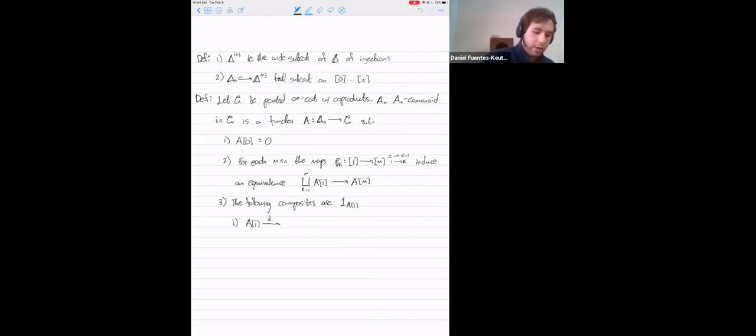I can use the simplicial map d1 to get to A of 2. My co-Segal identities tell me that this is A of 1 coproduct A of 1. And so I can send one copy of this to 0. And I'm left with A1. And so I require that this is the identity. And then there's another composite where I send the other copy to 0.